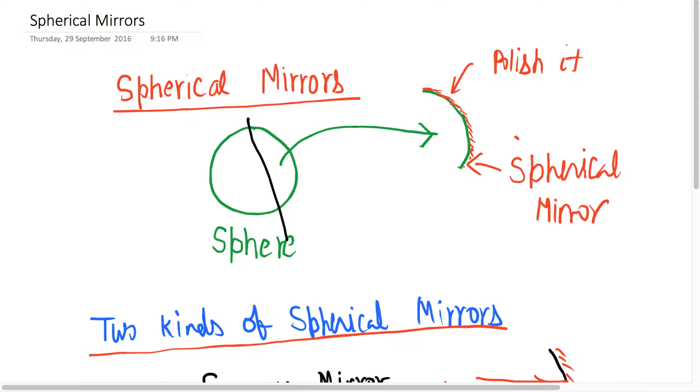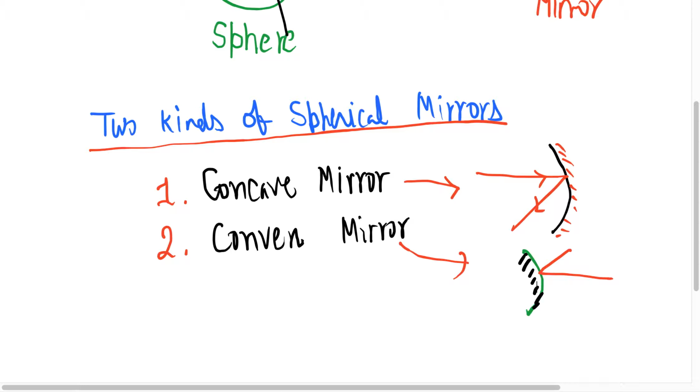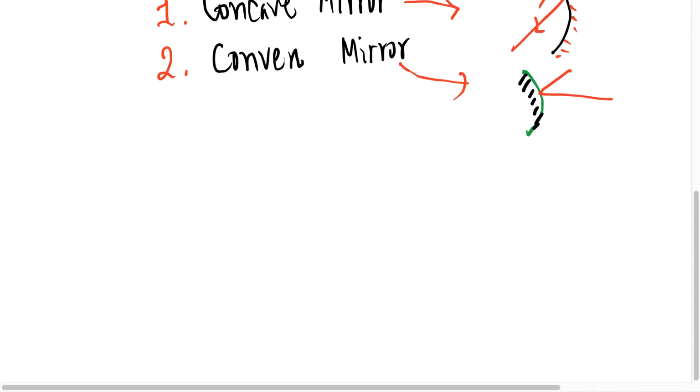A spherical mirror is obtained by cutting a section of a sphere, and then you can polish either the exterior side or the interior side. Depending on which side you polish, you will have reflection from the other side. So a convex mirror is where the reflection happens from the outer side, while for the concave mirror, the reflection happens from the inner side. Okay, so far so good.